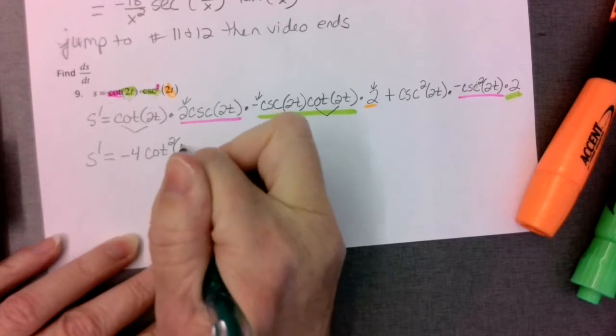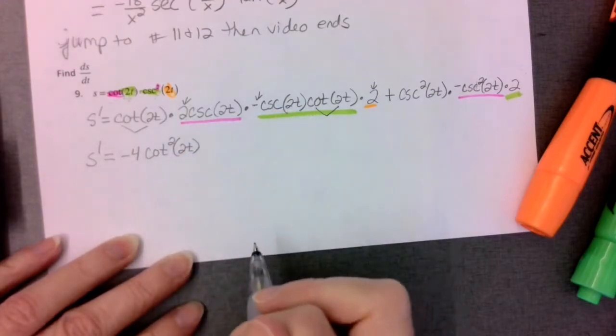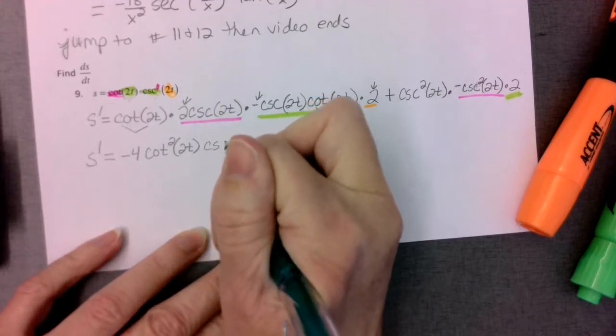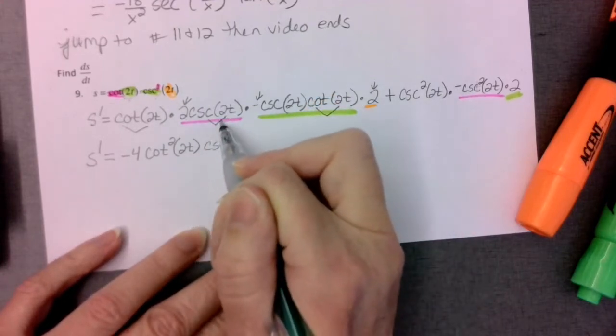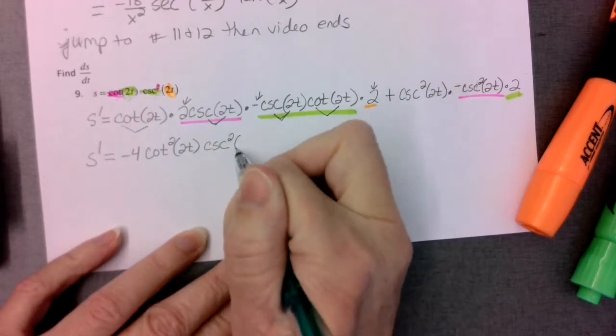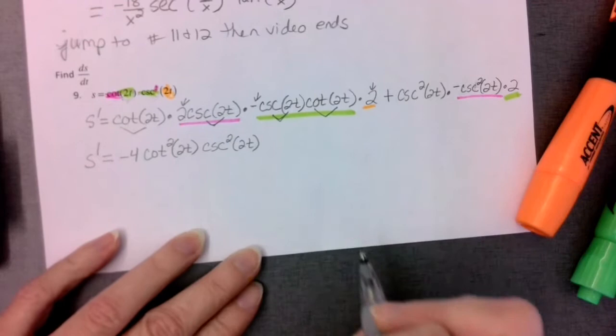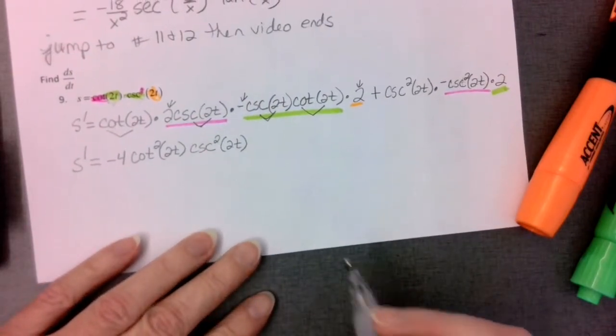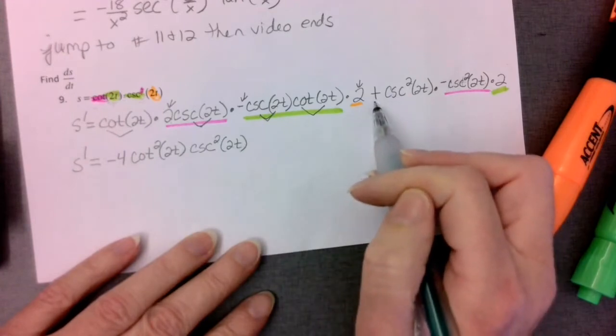That means we have cotangent squared 2t. Then I'm looking at cosecant. I have a cosecant here and a cosecant here, cosecant squared of 2t. Everything has been accounted for in the first group up through the plus sign.